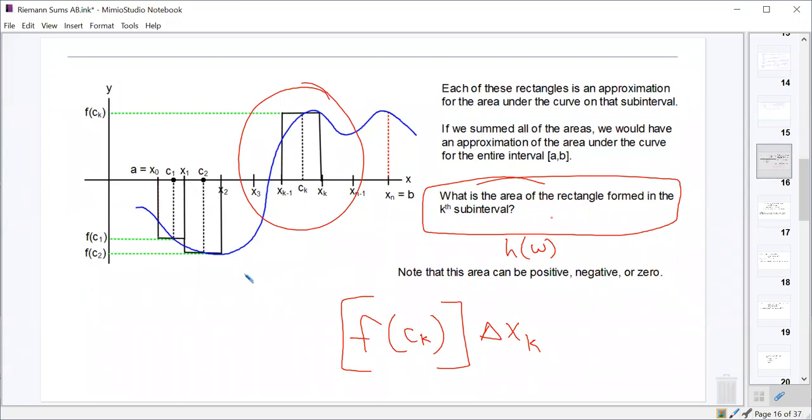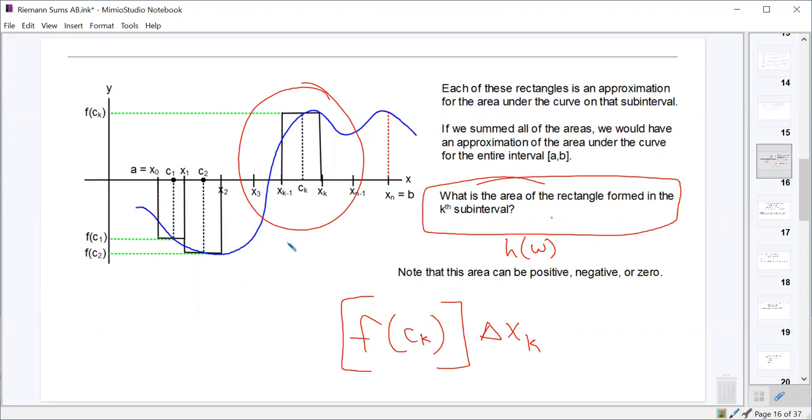Smaller, and more accurate. All right. And so if I could put more and more and more of these together and then sum them all together, then one would hope that I should be able to come up with a pretty good approximation for the area underneath the curve.